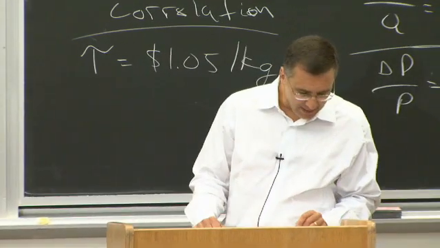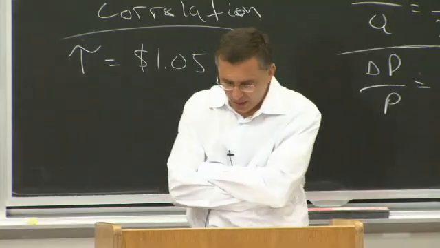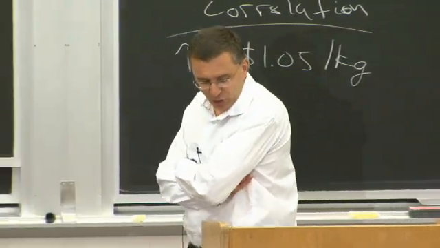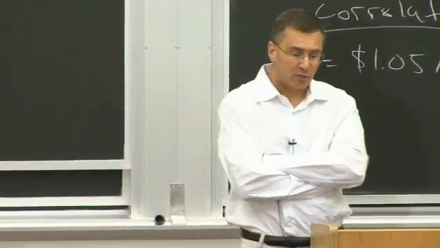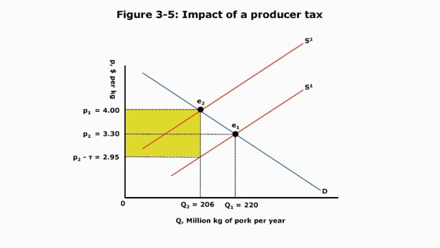Now, we're going to talk about taxation much later in the semester. Let me just talk for 1 minute about what we learned from this graph. The shaded area is the money the government raises from its tax. The government has a tax of $1.05 at 206 million kilograms, so it raises $1.05 times 206 million kilograms, which is that shaded area.